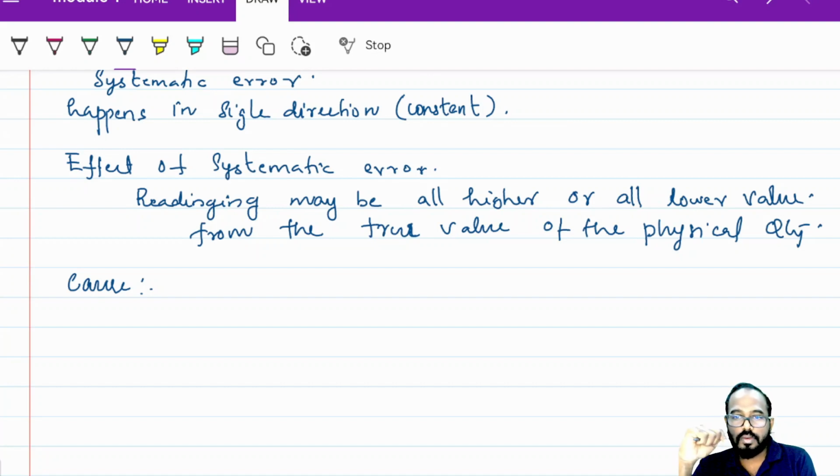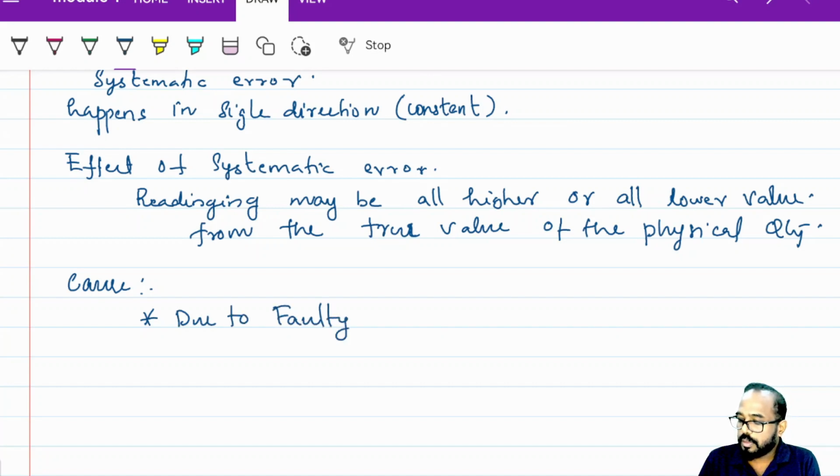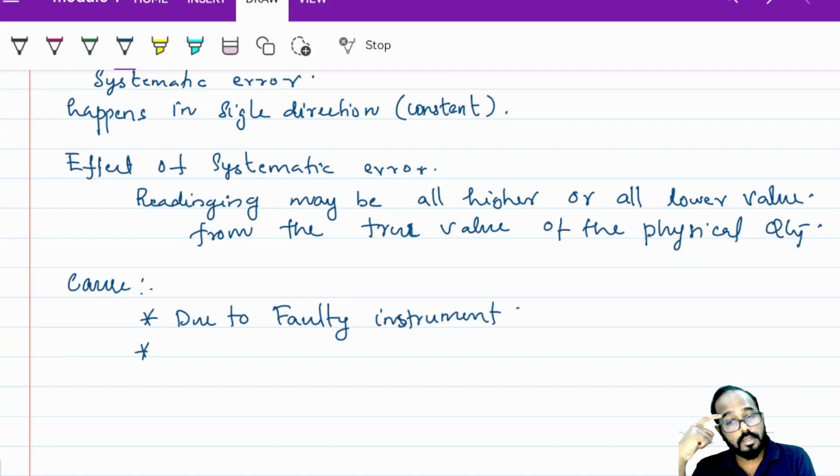That means the actual value is the reading minus that extra error of 1, right? Understood. So the cause can be a faulty instrument, or any other reason. Can you tell me? Think.